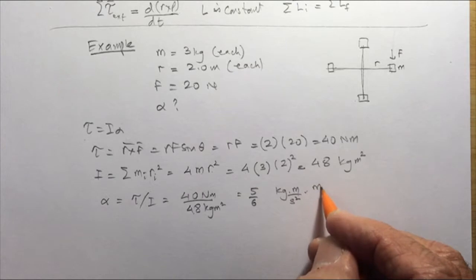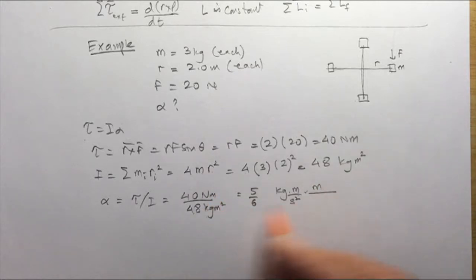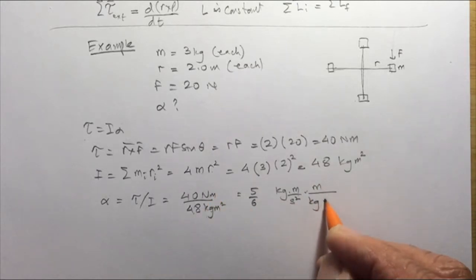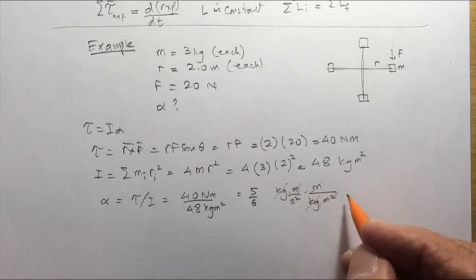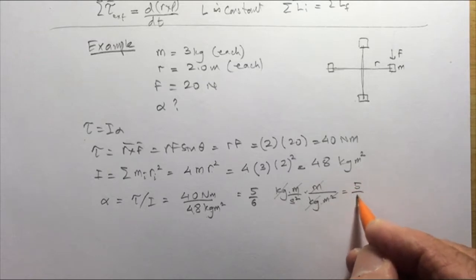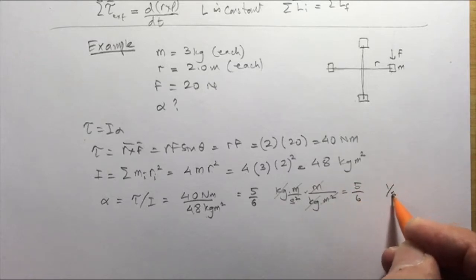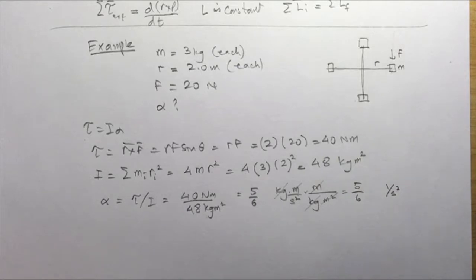And then we have a meter, and then we have kilogram meter squared. So the meter squared will cancel, the kilogram will cancel with the kilogram, and we'll be left with 5 over 6, 1 over s squared. So it's not radians per second squared, but 1 over s squared.